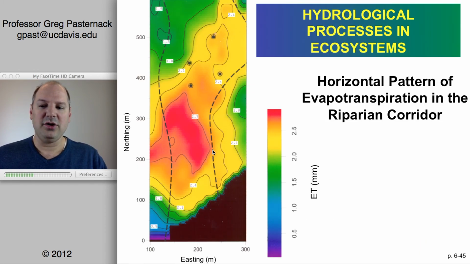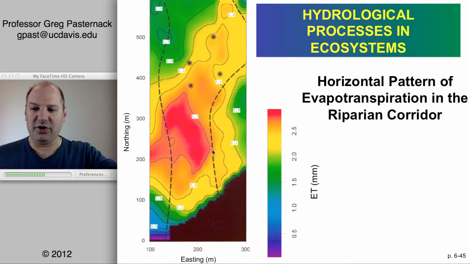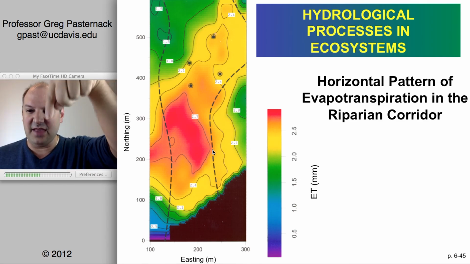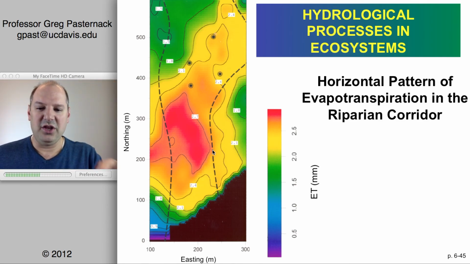This next slide shows a horizontal slice. Like if you were to cut off the top of the canopy and then look down into it, you would see this. In this case, I'm not going to show through time, but just the time average abundance of evapotranspiration. There are contour lines here, and you can see these are in units of 0.3 millimeters of water. And here is the scale for the color scheme.